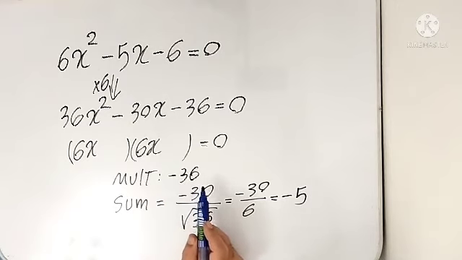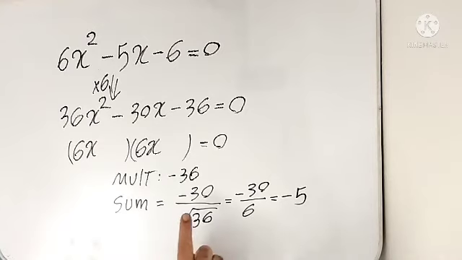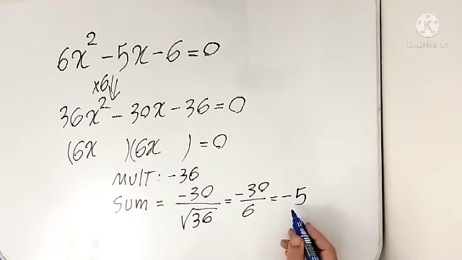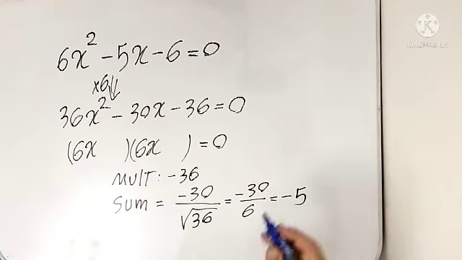Minus 36 is negative, so the numbers that we must find have different signs. The sum of two numbers with different signs is negative, so the negative number is stronger.